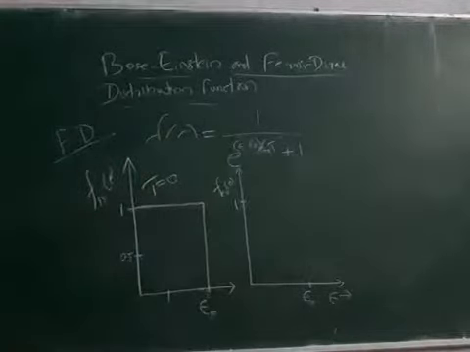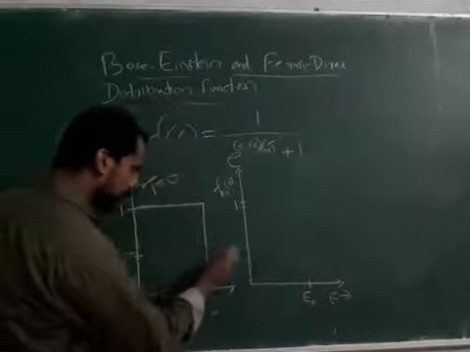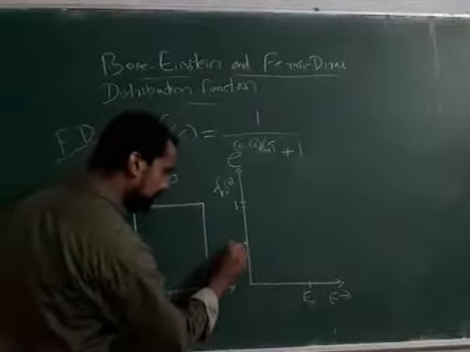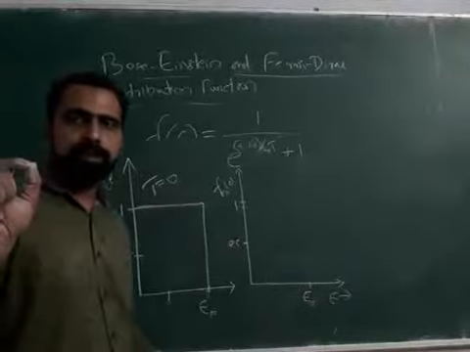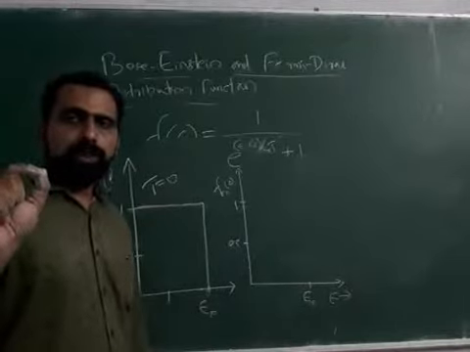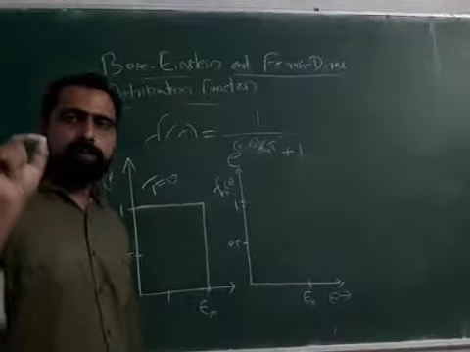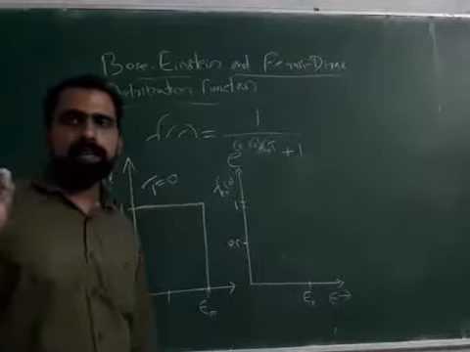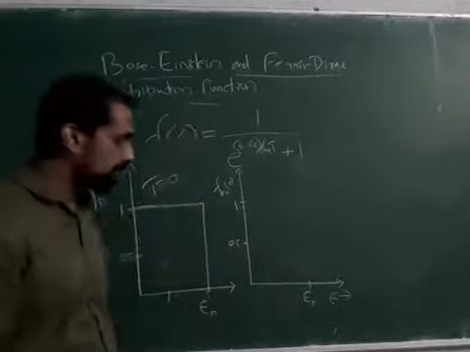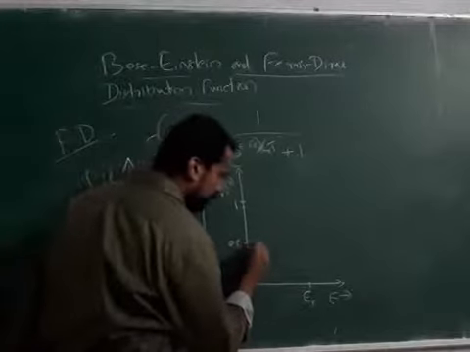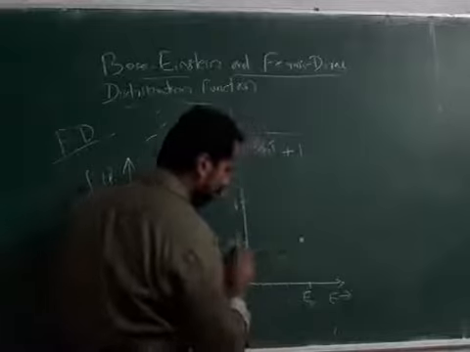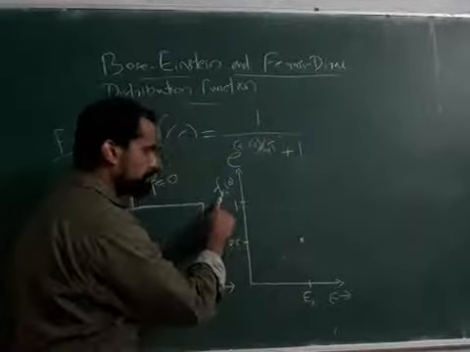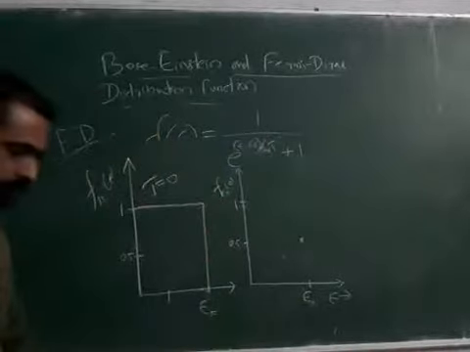I will just make 0.5. One thing: whatever may be the temperature, at epsilon F the probability is half, as we showed in the beginning. So we can take this point. This is the point where you are getting f of epsilon equal to 0.5.